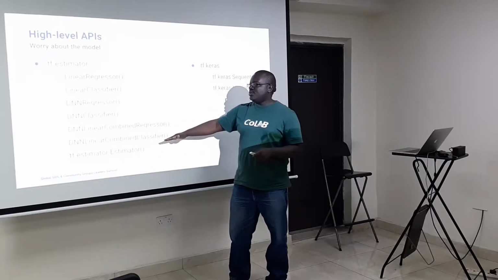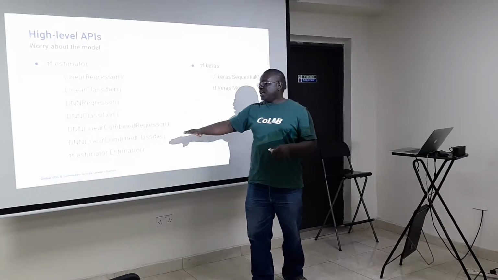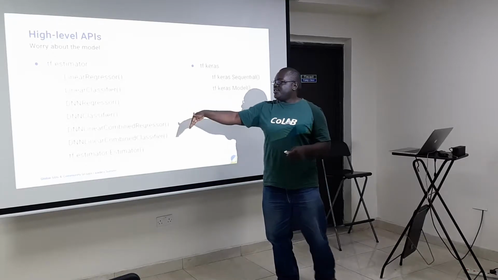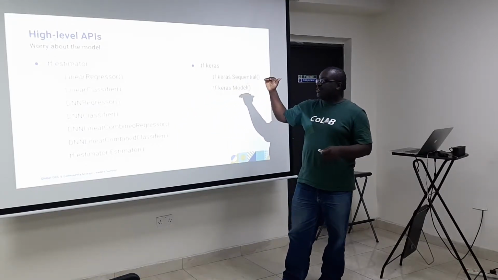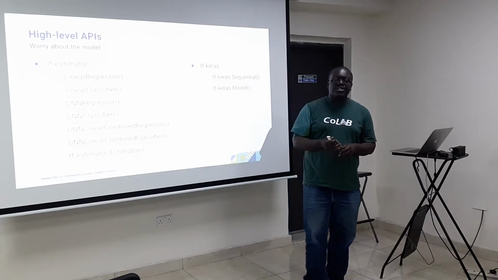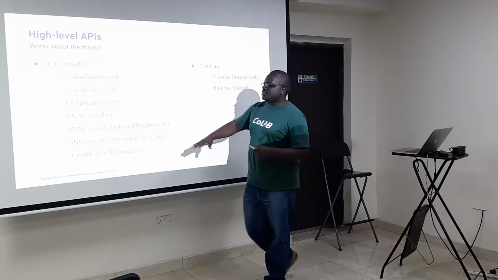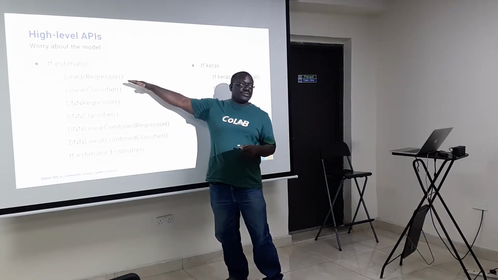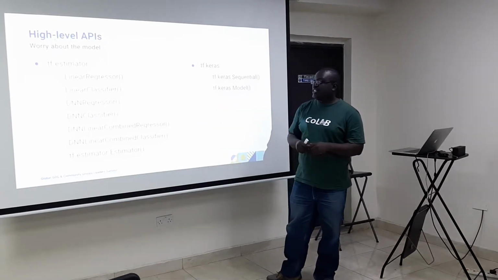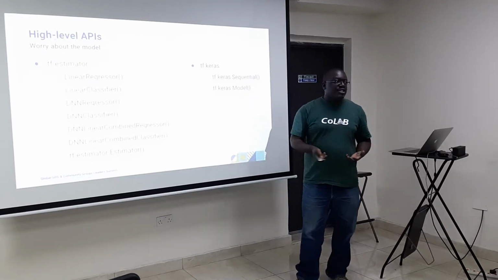So if you have some requirement that doesn't meet any of these earlier ones, you can use an estimator. As opposed to a linear regressor or linear classifier, you can just have an estimator, and it's going to require a model function. But the reason why all of these are together is that they have a similar signature. So whichever of them you instantiate, you have the same behavior. And of course, that is what gives you an API.